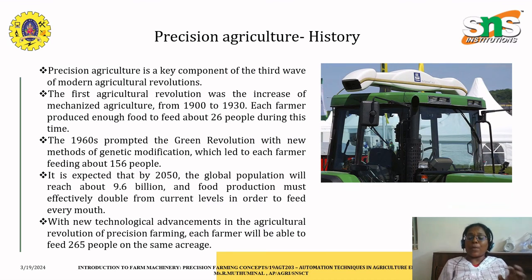This is how precision agriculture grows from the initial stage to the final stage, feeding about triple the number of people. That is how automation techniques in this technological era will help us increase food production while limiting the availability of manual labor.